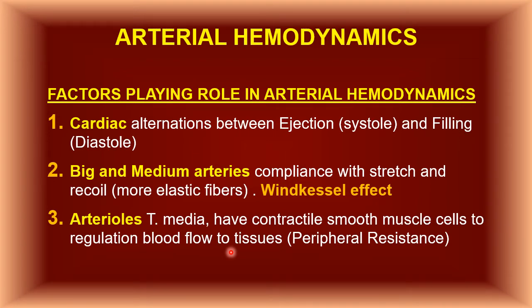Arterioles have contractile smooth muscle cells. The contractions and dilations of these muscle cells in the arterioles are capable of controlling blood flow to the tissues based on the tissue's demand for blood, and this is called the peripheral resistance.